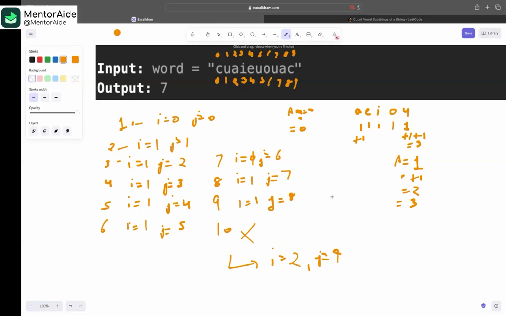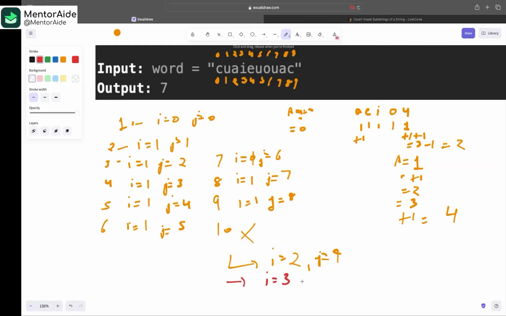At I equal to 1, what was there? U. So we will cut the U. It will become 2, and we still got one answer plus because we still have the length of the hash map as 5, well, 4. Okay. Next one. Again, we will shrink from the left.